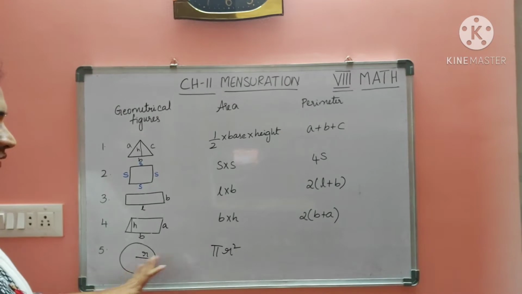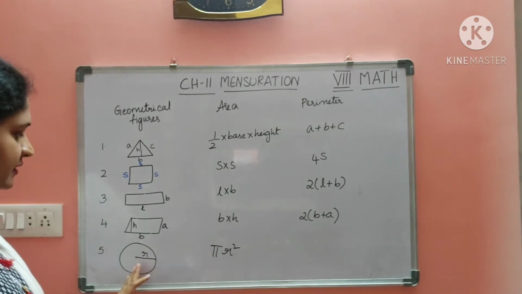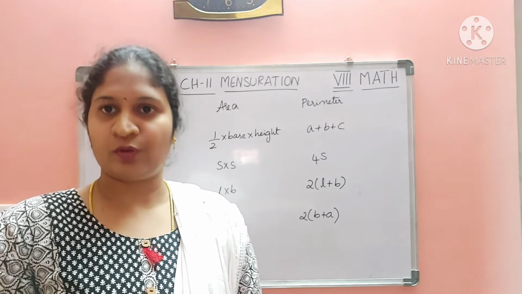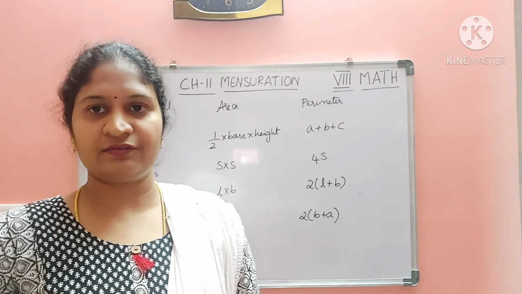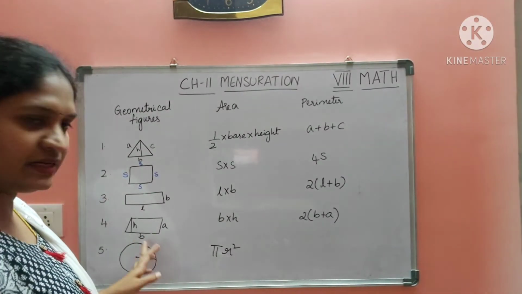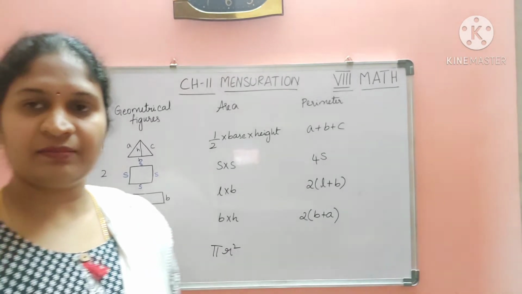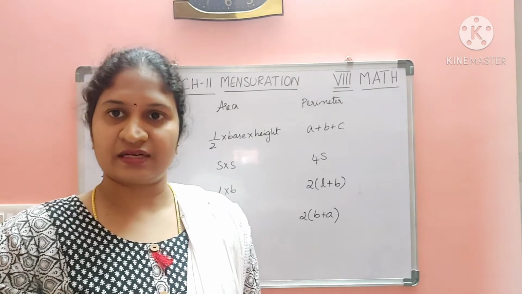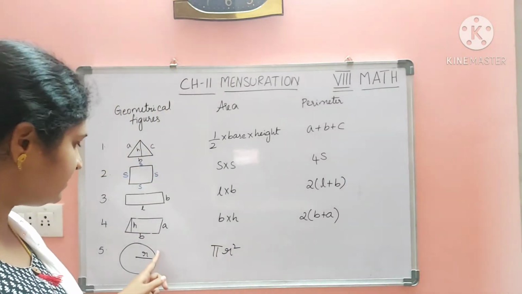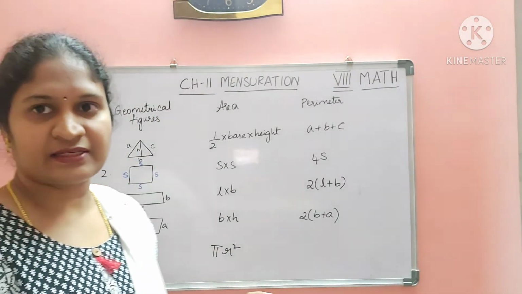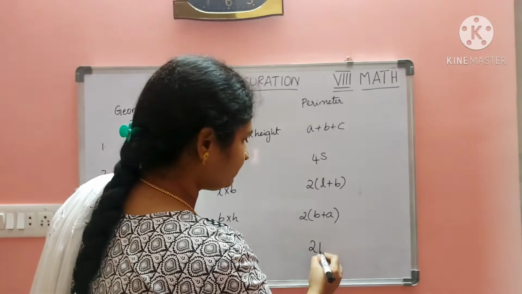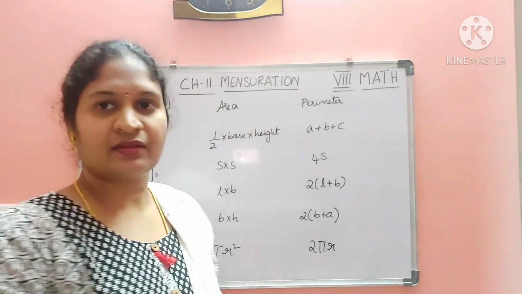The perimeter we call for polygons, and the circumference we call for curved figures. Since it is a curve, instead of perimeter, I am using the word circumference. There is no difference: circumference is the length of the boundary of a circle. So the circumference of a circle is 2 pi R. Is this clear?